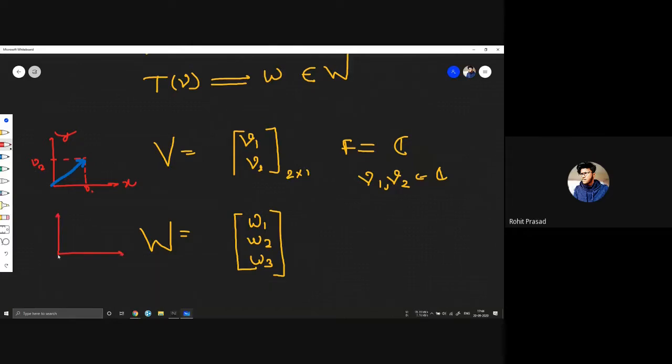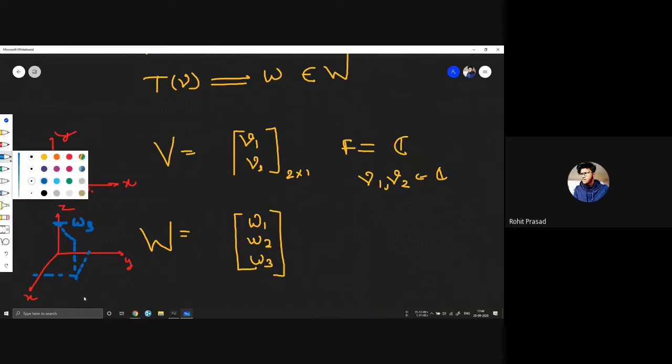Let's visualize it using X, Y, Z. This is your X, this is your Y, this is your Z. The first one is X, the second one is Y, and the third one is Z. This one is W3, this one is your W2, and this one is W1. So this vector is your W. Okay, so it's something like this, 3 cross 1.